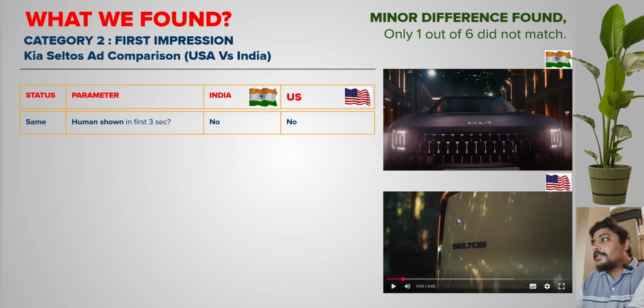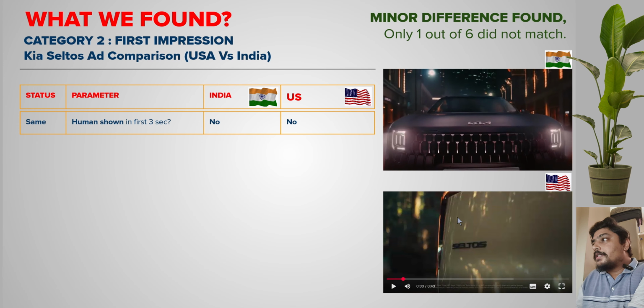Now in the second parameter, we have what appears in the first 3 seconds. In both the products, a product close-up was shown in the first 3 seconds. As you can see here, 1 second, 2 seconds, and the product appears. Similarly, the American advertisement starts with the product close-up.